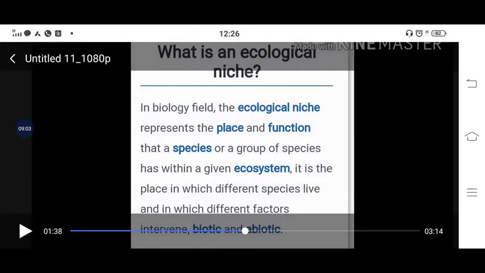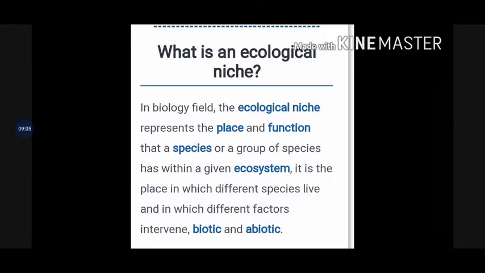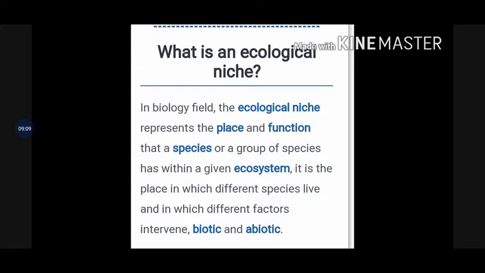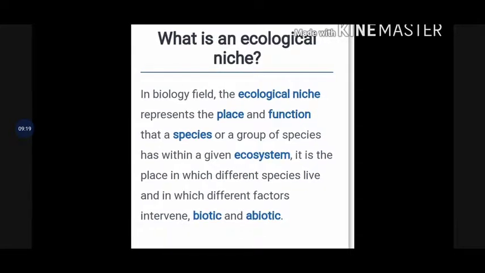Now we will reach the ecological niche. What is ecological niche? The next term, which is very important in the biology field, the ecological niche, represents the place and function that a species or a group of species has within a given ecosystem.